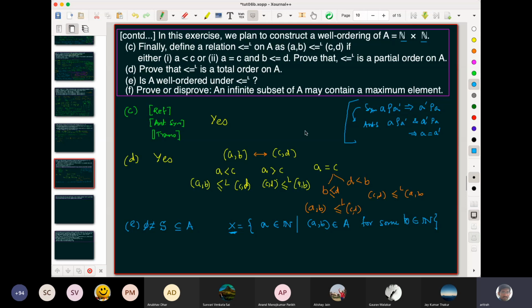If S is a subset of A, for that subset of elements, if I just cluster all the A's together, this will definitely have a minimum. Let's say small x is the minimum element. Agreed or not? This will have a minimum element.